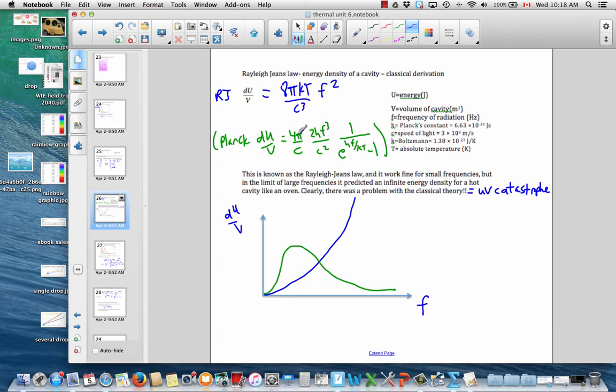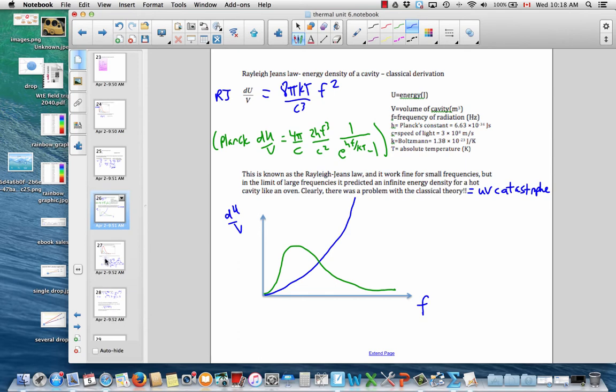So historically, this problem of the radiation coming off a hot object was an important step in the development of the theory of quantum mechanics. It lent support to the quantum hypothesis and the quantum model. And experiments have now shown that the Planck curve is exactly right. If you measure the radiation coming off a hot object, you get exactly this curve.